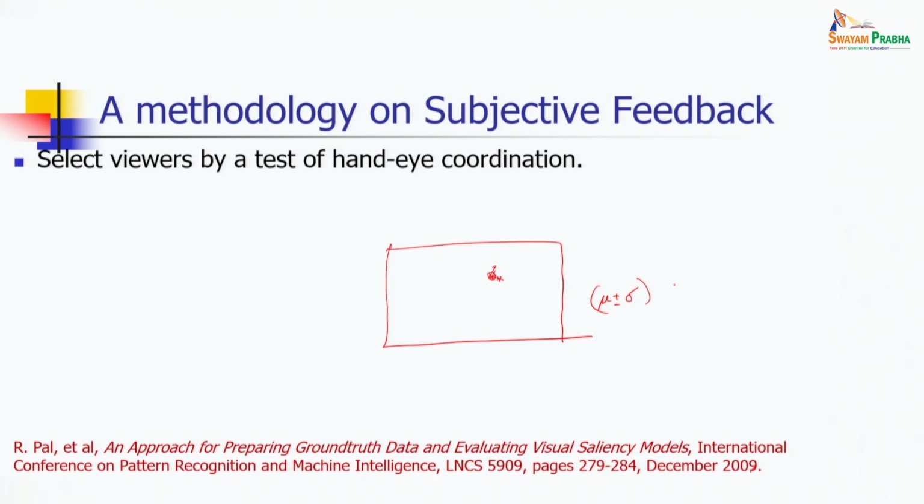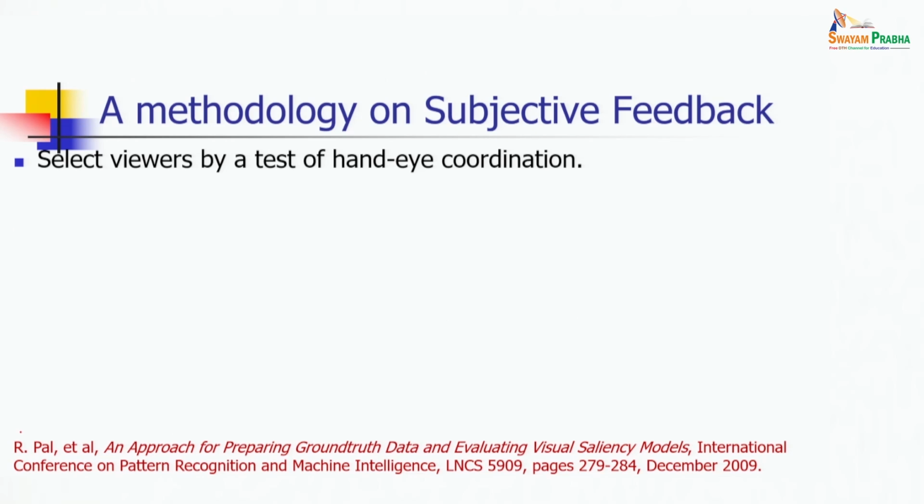Through experiments on different viewers, this average and the standard deviations are fixed. Then, during the recording of data, the viewer first goes through this test and is then selected. Anyway, the viewers go through this test to acclimatize them to this scenario. We call this stage the hand-eye coordination stage.